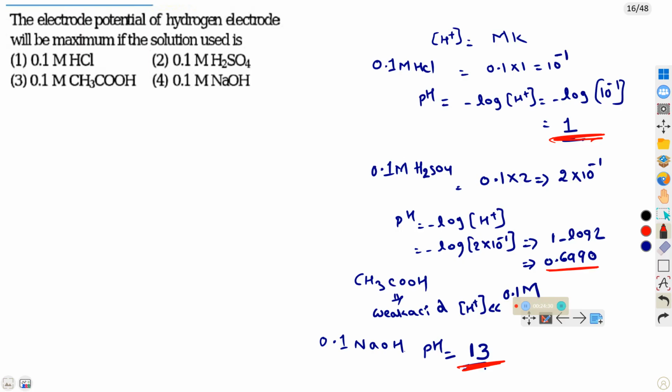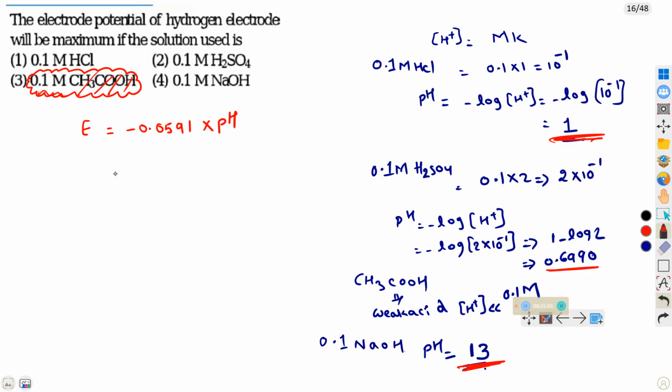Electrode potential of the hydrogen electrode will be maximum if the solution used is which one? We know that the reduction potential E is equal to minus 0.0591 into pH. Now calculate pH. Here CH3COOH is a weak acid. Weak acids are not 100% ionizable, so remove the third option straight away.